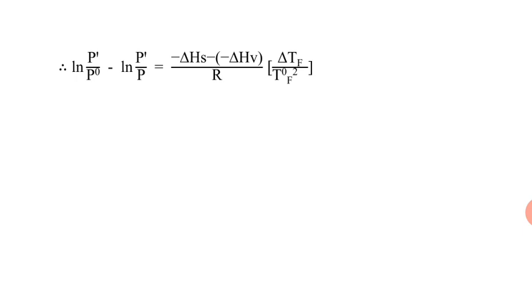So we get ln p upon p0 is equal to minus delta Hs minus minus become plus delta Hv upon R in a square bracket delta Tf upon T0f square.